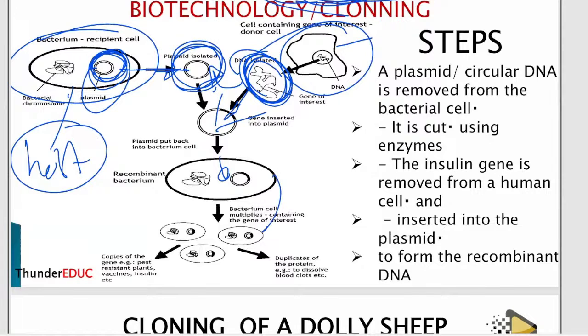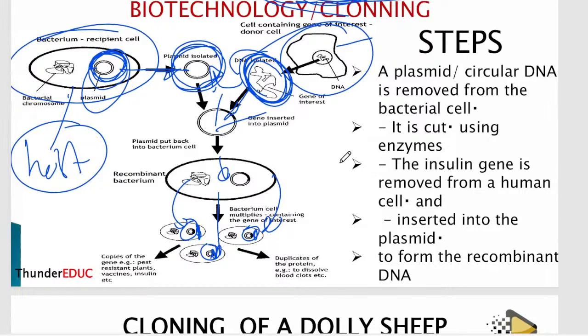And we trigger the bacteria to multiply. When the bacteria multiplies, it's also multiplying the plasmids inside. When the plasmid is multiplying inside, it's also multiplying the gene. So what happens?